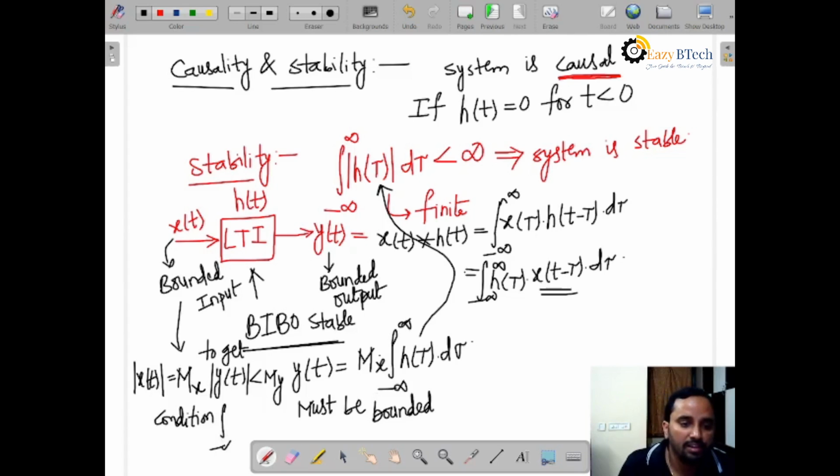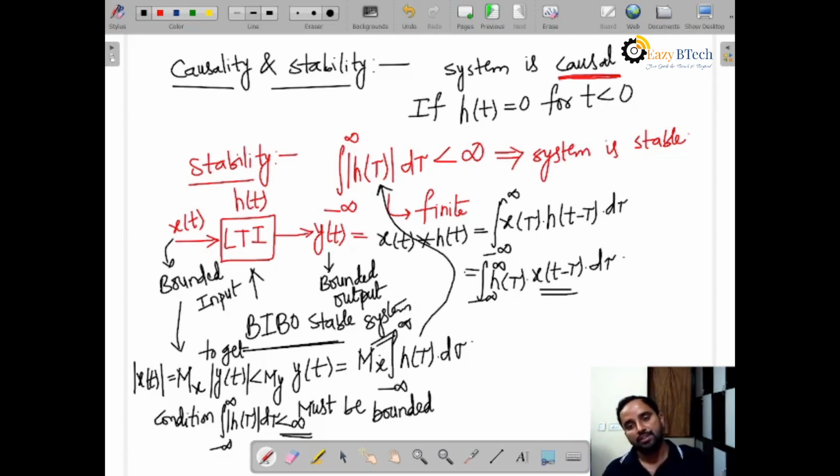The integral from minus infinity to plus infinity of the magnitude of h of tau d tau must be less than infinity, meaning finite, so that y of t is also finite. Then the system is called BIBO stable or a stable system. So this condition is very important. To check whether the system is stable or not, its impulse response integration is less than infinity, meaning h of t must be absolutely integrable.